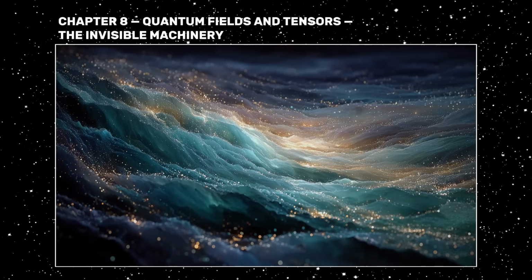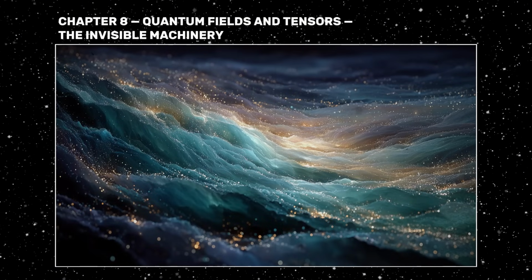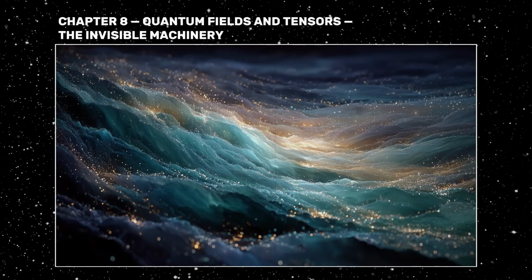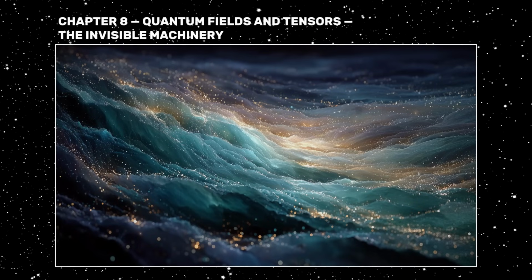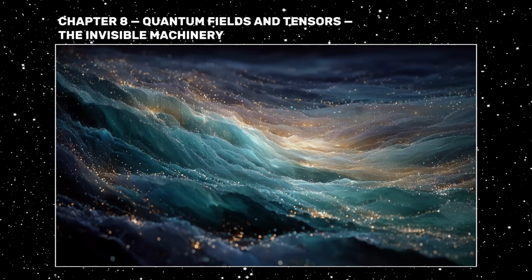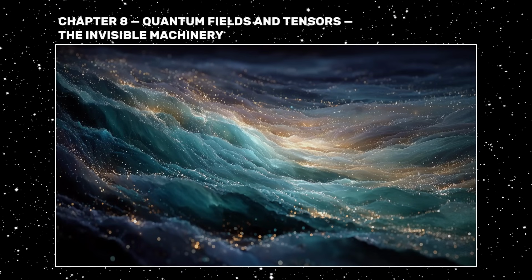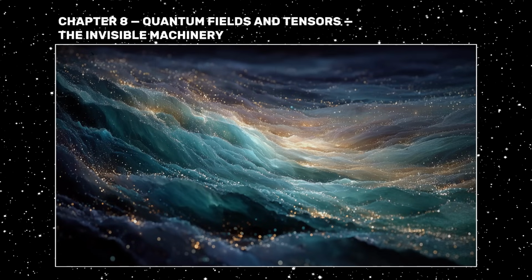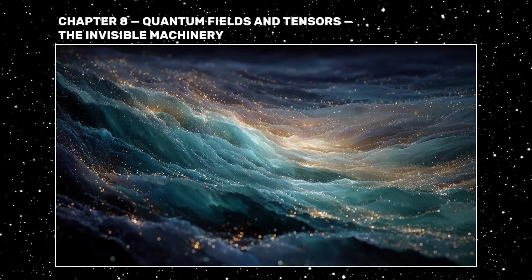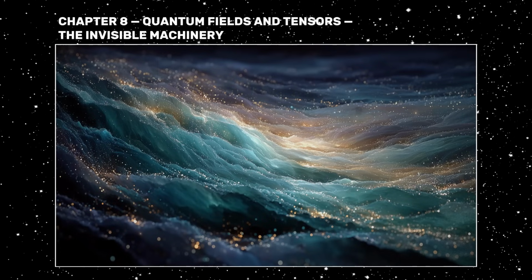Electrons, photons, quarks, and gluons are not isolated dots. They are localized excitations of underlying quantum fields. These fields fill every region of space-time, fluctuating incessantly, interacting with one another, and giving rise to the phenomena we measure in the laboratory and observe in the sky.